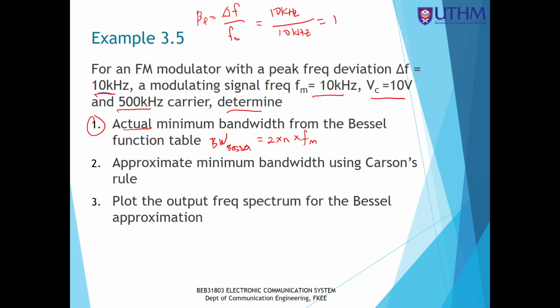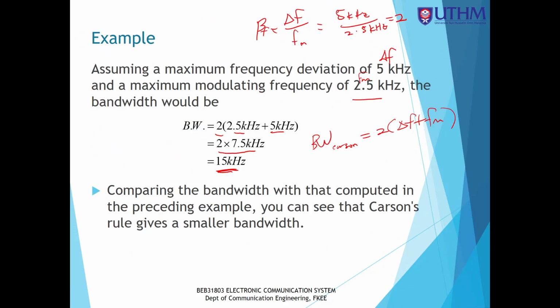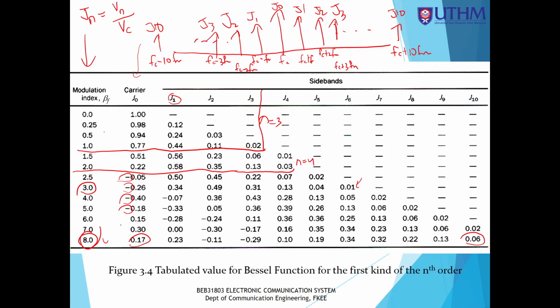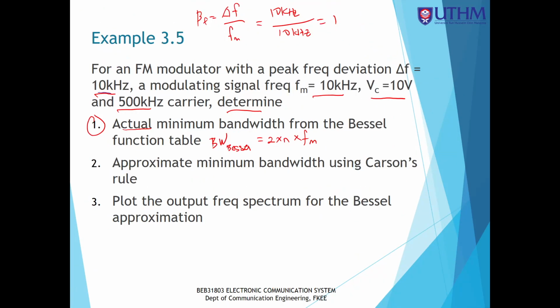For beta equal to 1, if we see from the table, the number of significant sidebands is 3, so there are going to be 3 pairs of sidebands. So the bandwidth is equal to 2 times 3 times fm, which is 10 kilohertz. So this is 60 kilohertz.